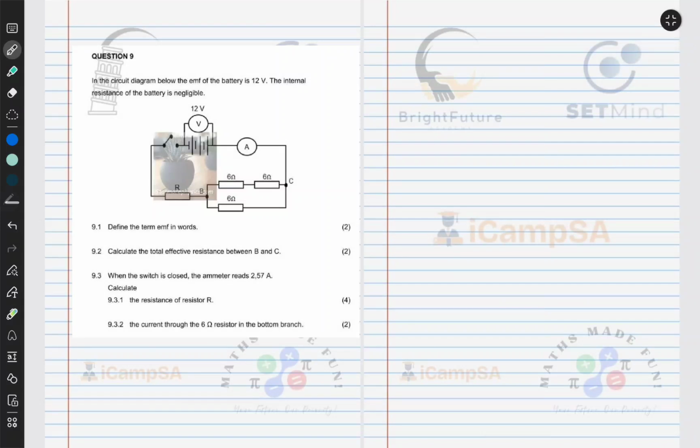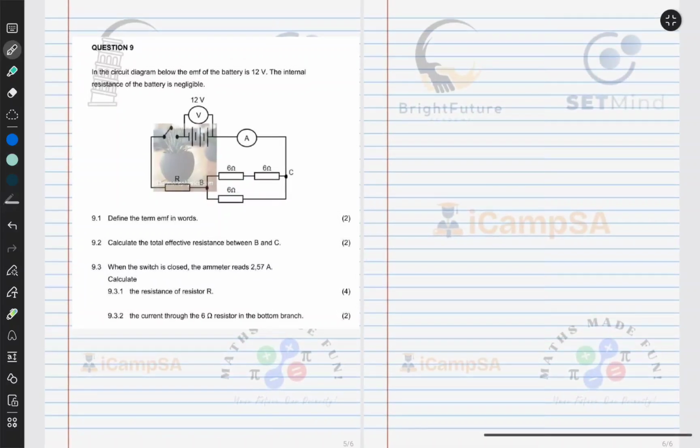So the first question is for us to define the term EMF in words. EMF stands for electromotive force, and if we define it in words, if you remember, the formula for it in a circuit context is the external voltage plus V internal, right?